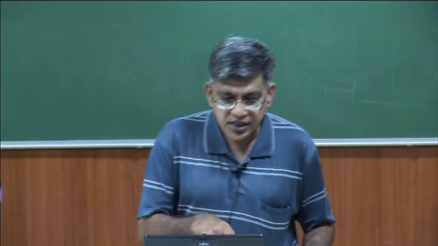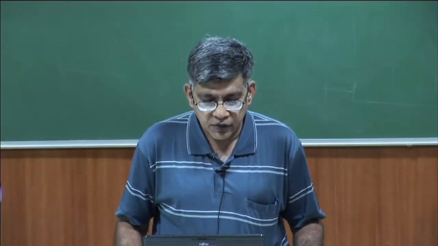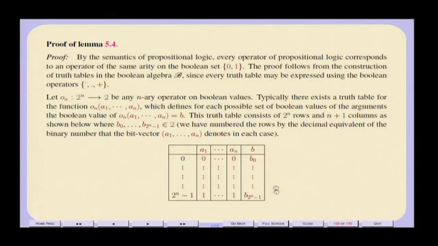Whereas here we are dealing with everything that is finite. So there is a table which tells you for each vector what the result should be, and that is a sufficient and complete definition of this operator o, right.